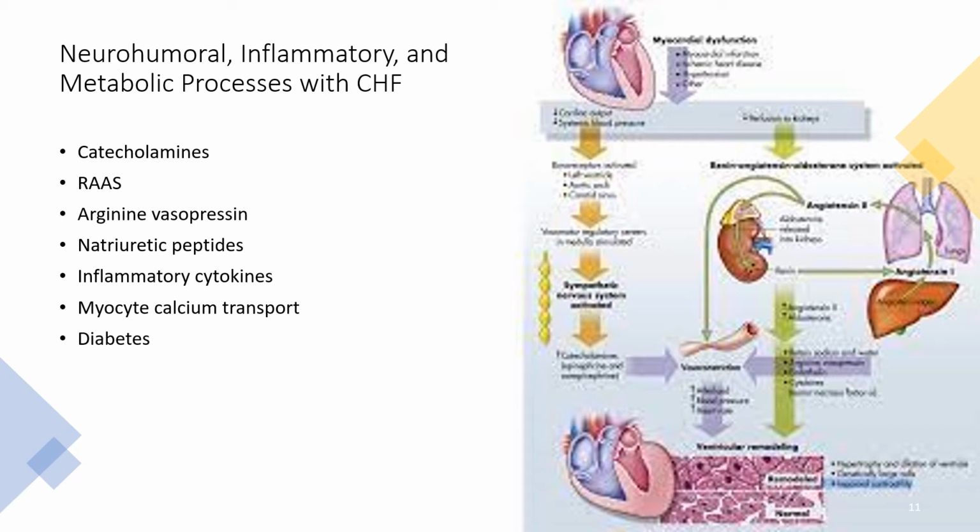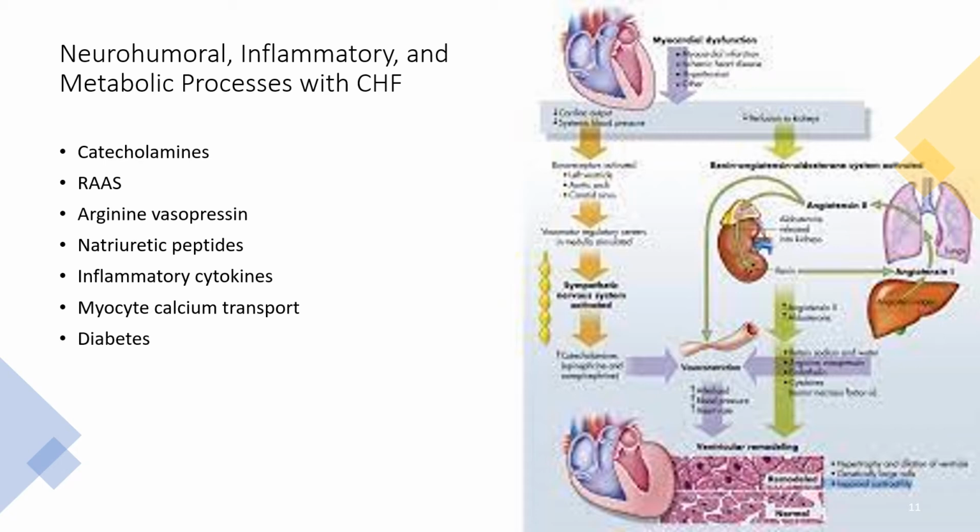Aldosterone also, again, causes salt and water retention. Arginine vasopressin causes peripheral vasoconstriction and renal fluid retention. Natriuretic peptide increases to help decrease the preload, but not enough to truly help with heart failure.